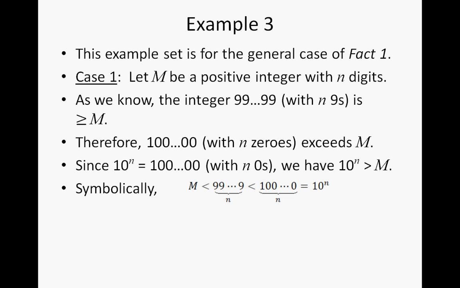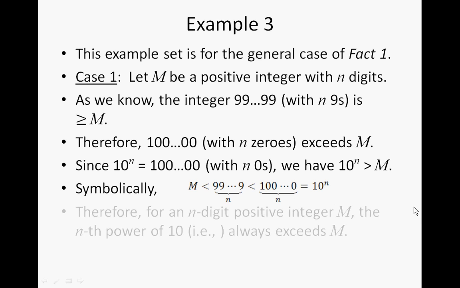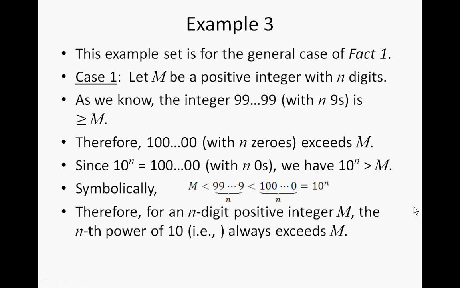So symbolically, we can say that m is going to be less than 99, or 9, however many 9 digits you have, which is going to be less than 1 and however many zeros you're going to have. So therefore, for an n-digit positive integer, which we are calling capital M, the nth power of 10 always exceeds m.